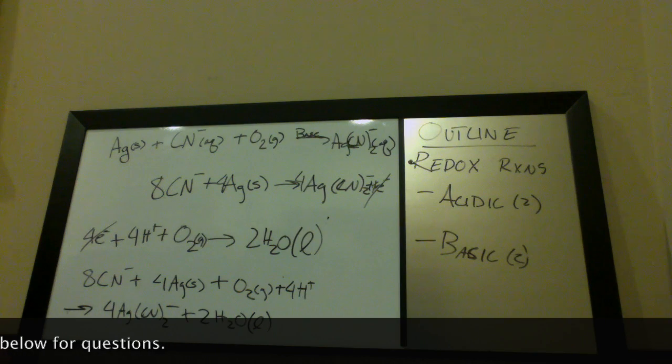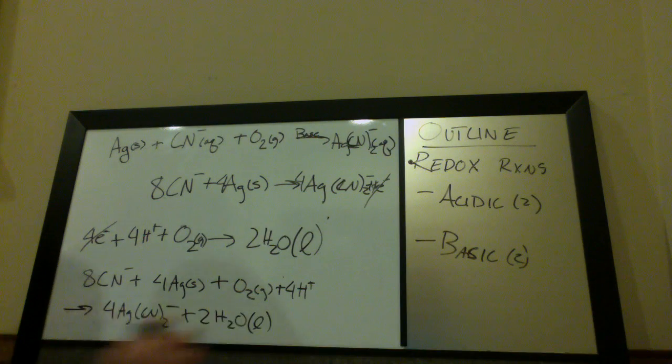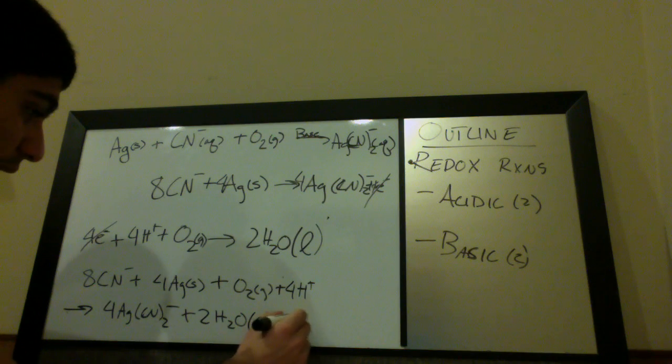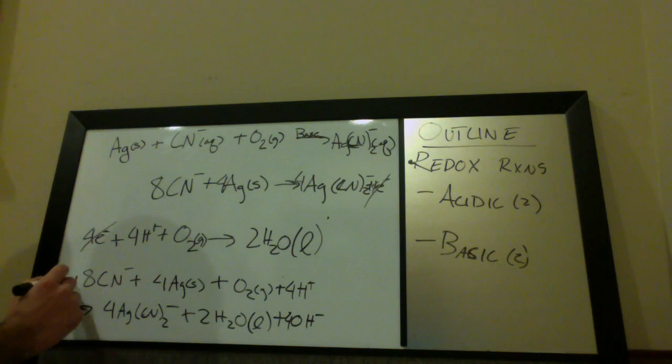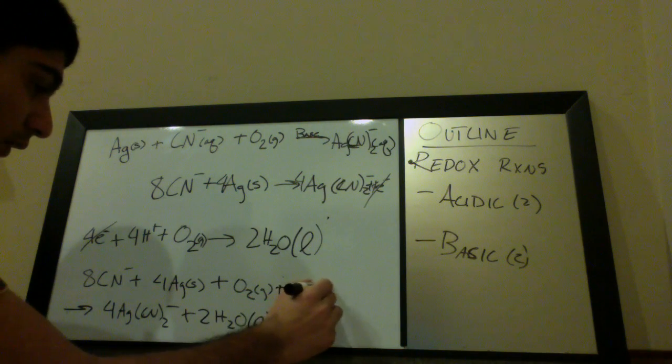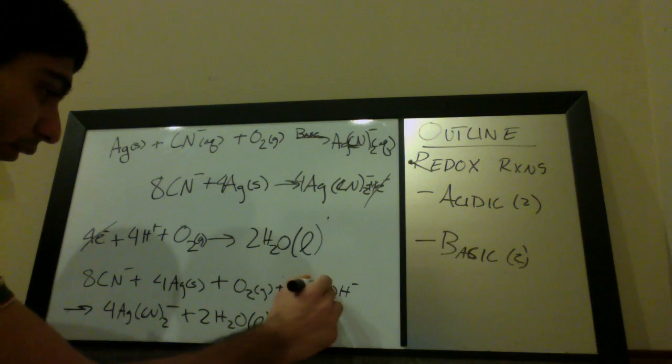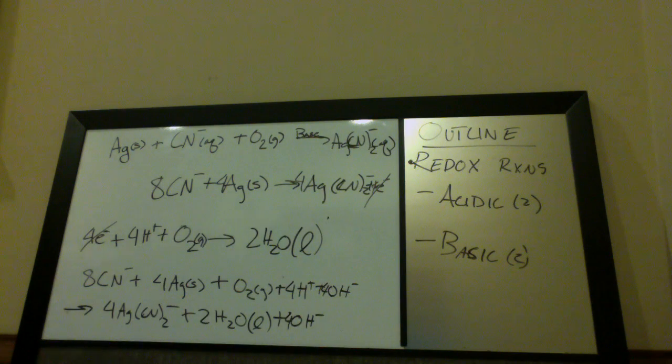We need to add 4 hydroxides in this case to each side. So I'm going to add OH minus, 4 of these, and 4 of these, right? And then we have to eliminate as many H2O molecules as possible.